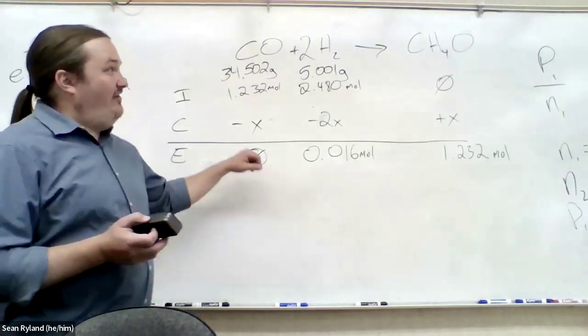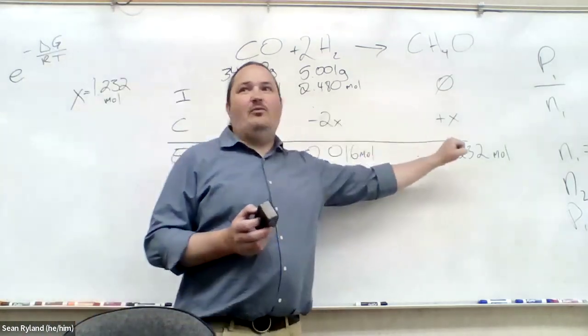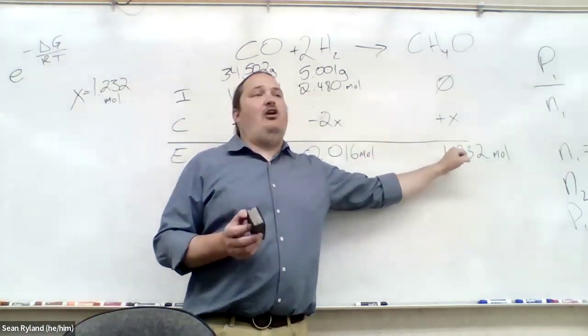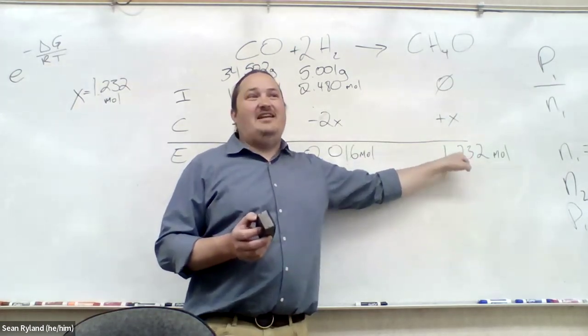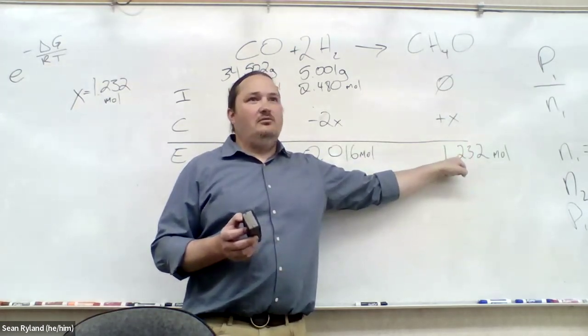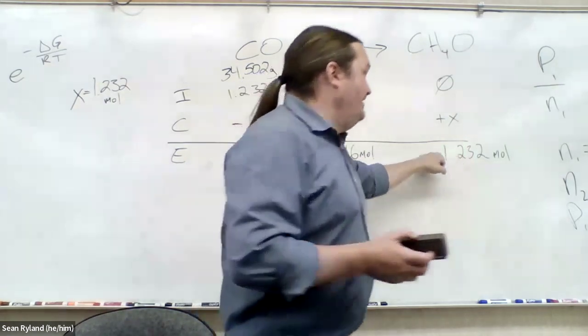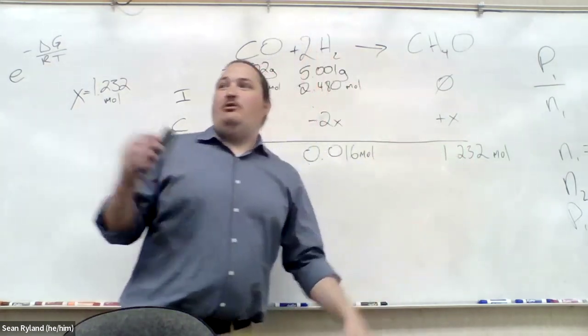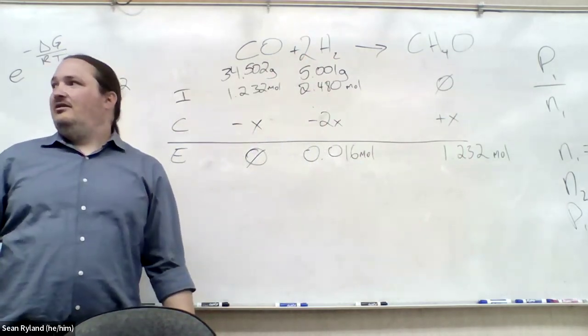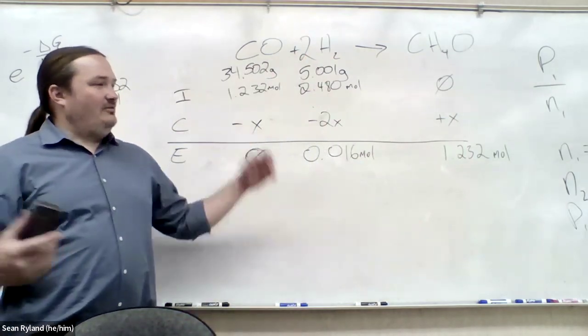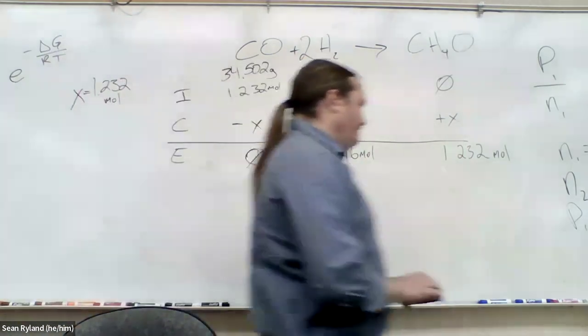But anytime we have a bunch of things changing at once and we care about all of them for whatever reason, an ICE table is a really useful tool. It's always useful in equilibrium, because equilibrium always depends on everything at the end. Stoichiometry, sometimes we don't care about an ICE table though.